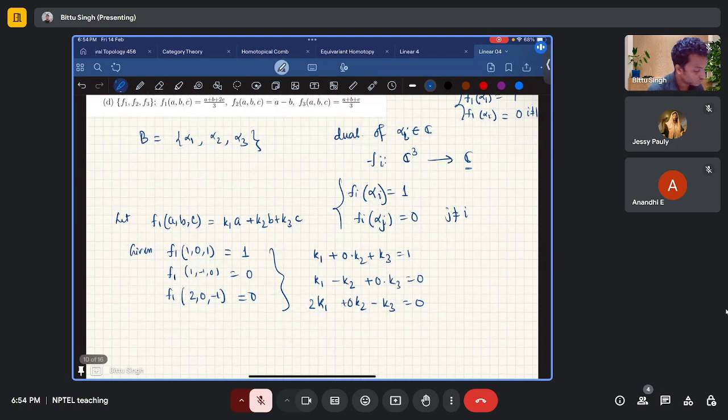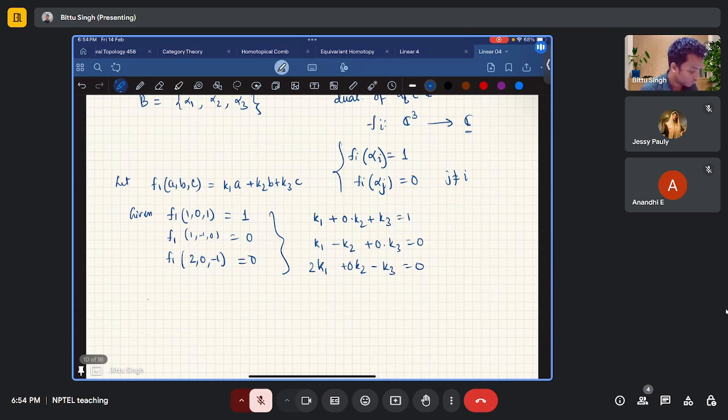So f1 is obtained by solving these equations. If we write k1, k2, k3, there is a matrix, so we can write this information as A times (k1, k2, k3) equal to (1, 0, 0).